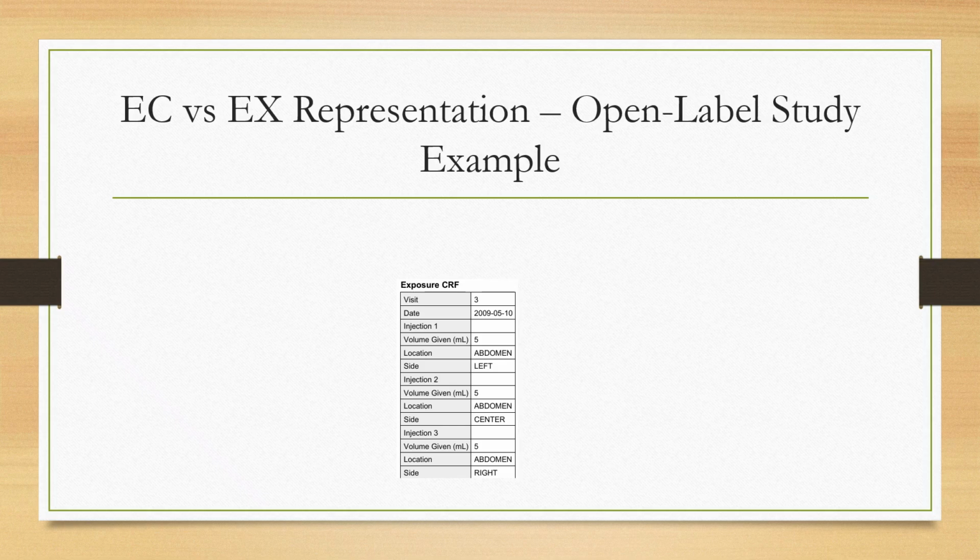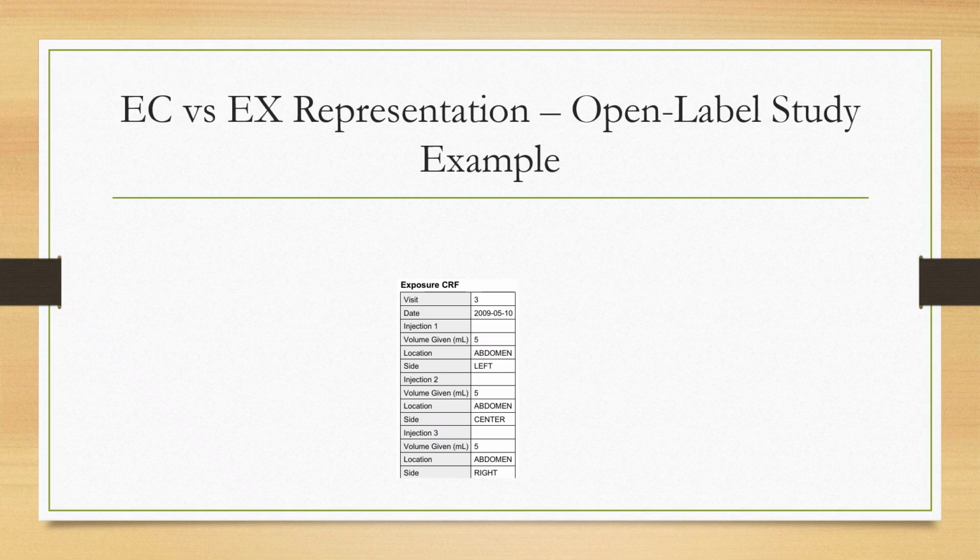Since we have to give 300 mg of this study drug, we have given 3 injections of 5 ml each, which means that for each injection we are giving 20 into 5 mg, that is 100 mg in each injection of the study drug. So in this CRF form, you can see that for this subject, for visit 3, the subject had received 3 injections and the location was in abdomen.